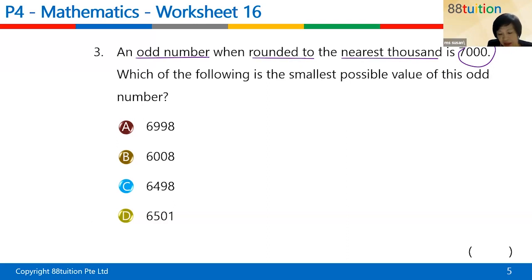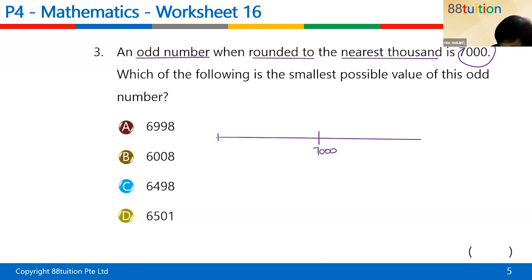Now you can say, teacher, I know the answer straight away. But the thing is, how are we going to prove that the answer given there is correct? Later I'll tell you why. I'm going to use a number line to represent this. When it is rounded to the nearest thousand, it became 7,000.